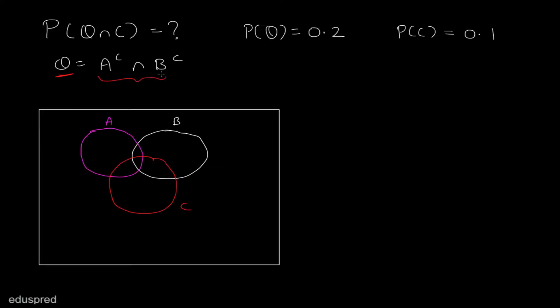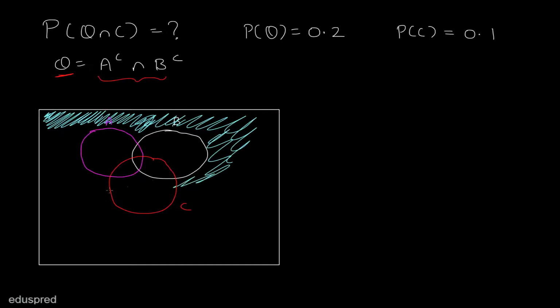And we have already seen that A complement intersection B complement is actually all the area that is not A union B. So A complement intersection B complement is actually this entire blue area that I'm shading. Okay, so this blue area is A complement intersection B complement.